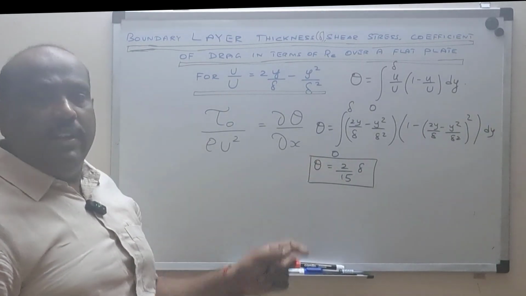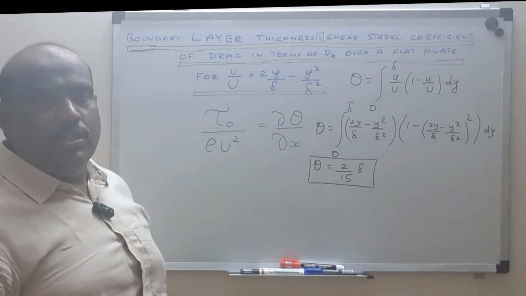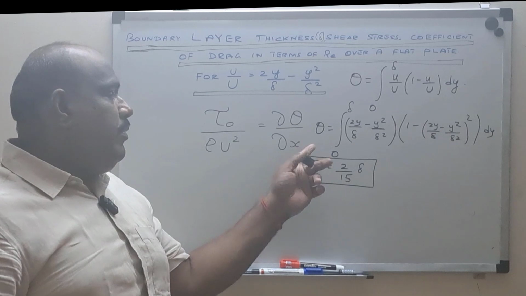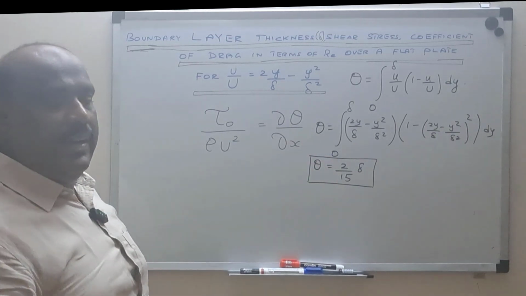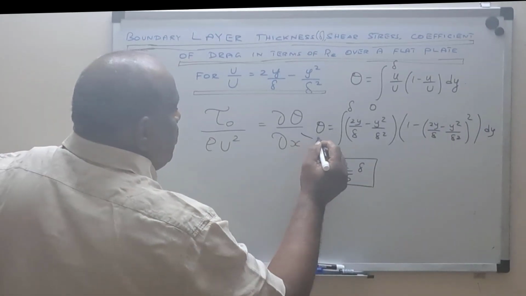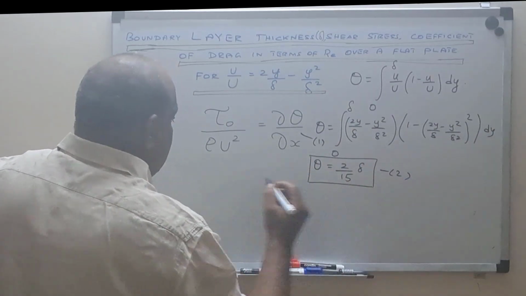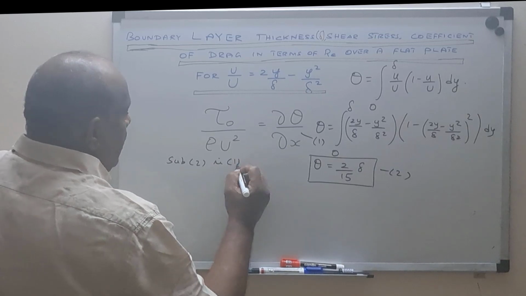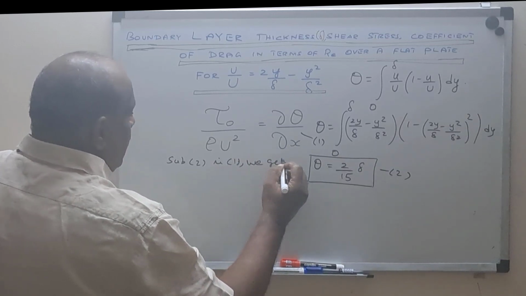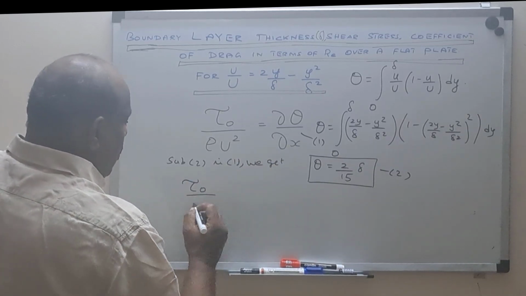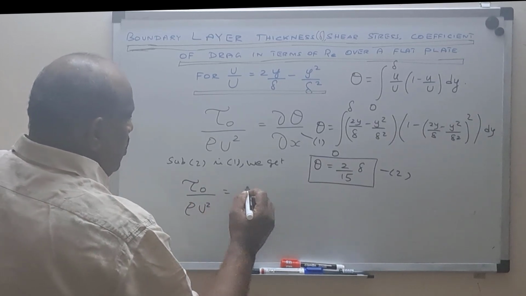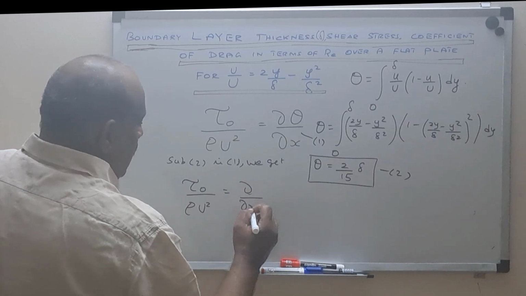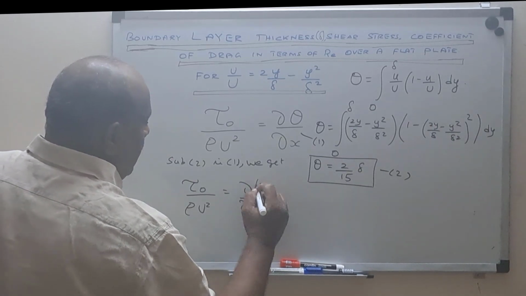So this one we already did in the previous session. If you have any doubts, please go to the previous session, or at the end of the session, I will derive once again how we got theta equal to 2 by 15 delta. So let us now try to substitute 2 in 1. So substituting 2 in 1, we get tau naught by rho U squared is equal to d by dx of 2 by 15 delta.